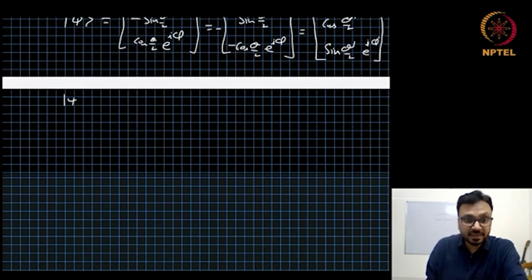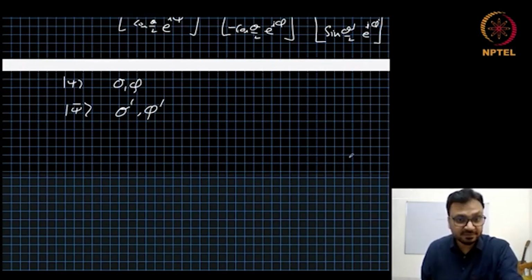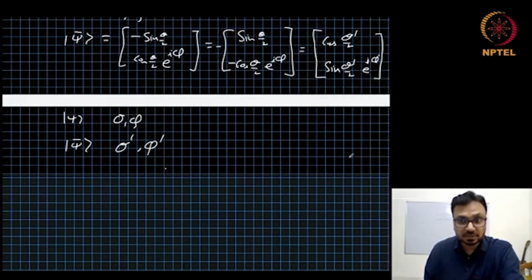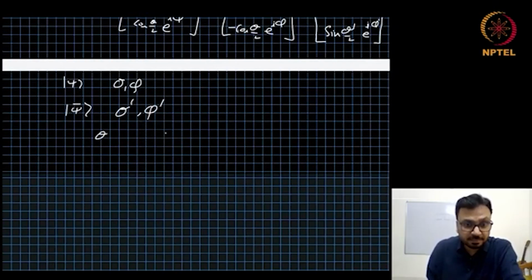So what we are saying is psi is represented by theta and phi, and psi orthogonal is represented by theta prime and phi prime. Now what is the relation between theta and theta prime, phi and phi prime? We can see that theta prime over 2 should be equal to pi over 2 minus theta over 2, or we can say theta prime is pi minus theta.